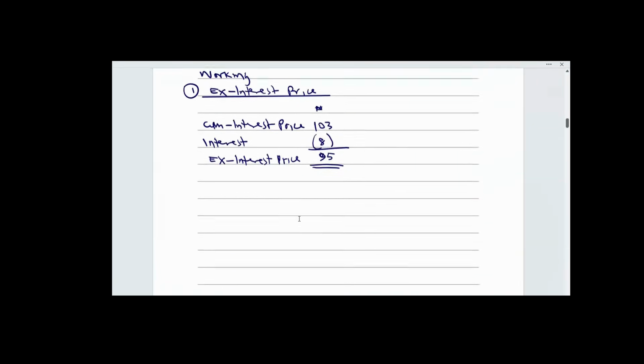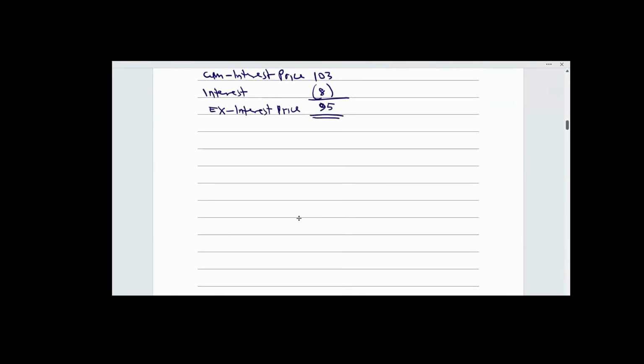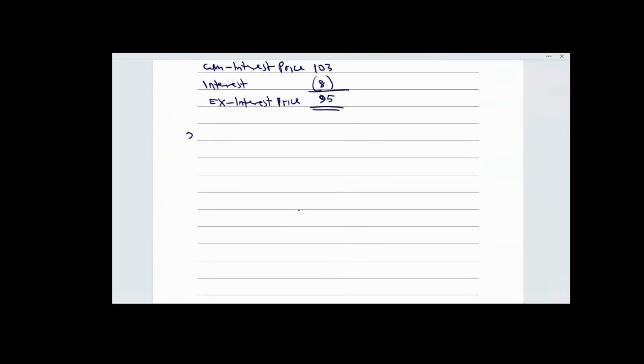Okay, for the benefit of those that are just joining us, in case you don't know how to calculate annuity factor, let me give you an example. Working number 2, annuity factor. You can call it annuity factor or cumulative discount factor.